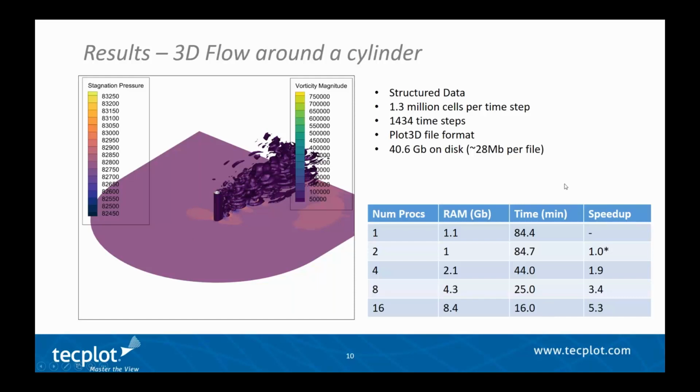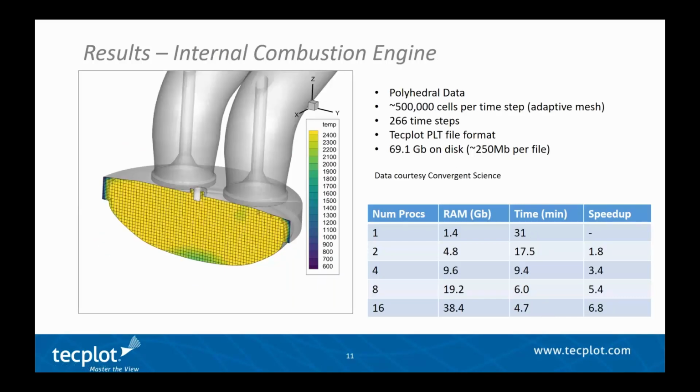We got a 5.3x speed up, and we went from nearly 90 minutes down to 15 minutes to create this animation. The next result, this is an internal combustion engine, courtesy of Convergent Science. They use an adaptive mesh refinement technique and polyhedral cell types. So on average, we were about 500,000 cells per time step, 266 total time steps in Tecplot PLT format, about 70 gigs on disk.